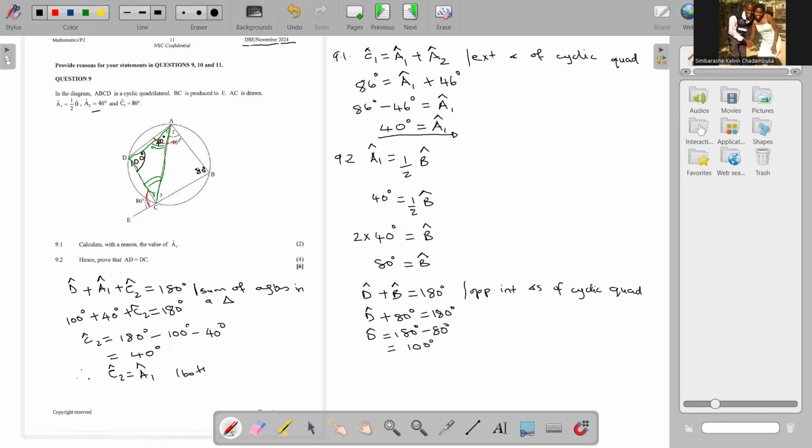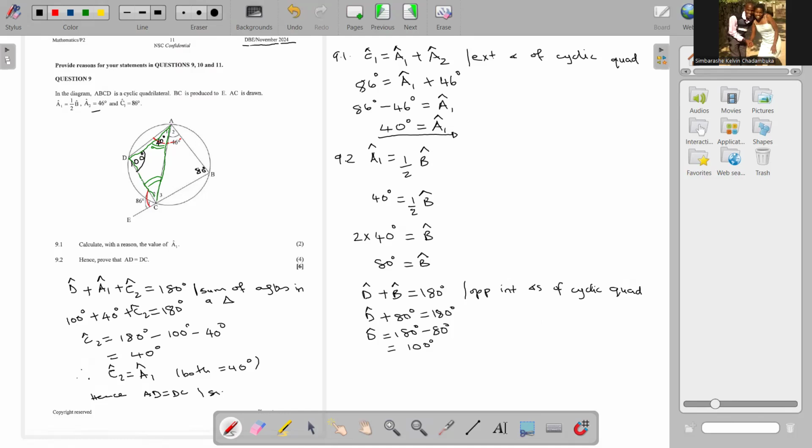Both equal to 40 degrees. Then from there, we can therefore conclude that hence AD is equal to DC. What is the reason for that?